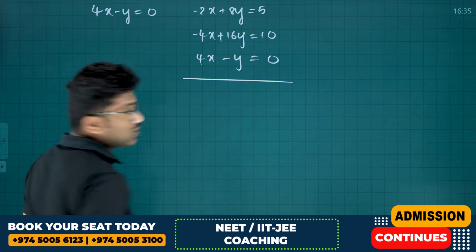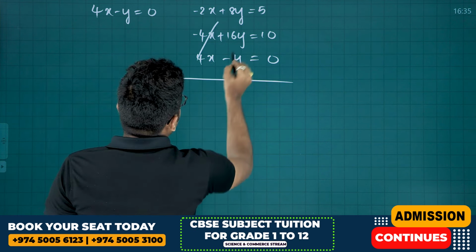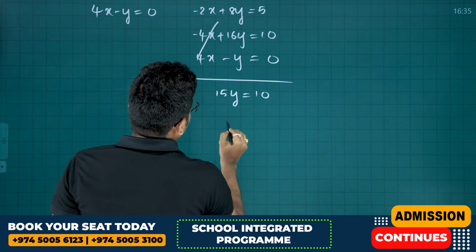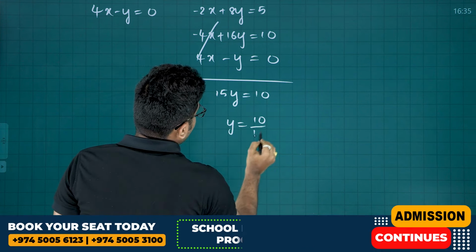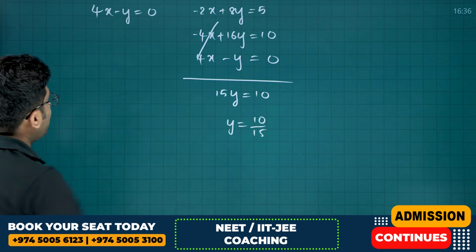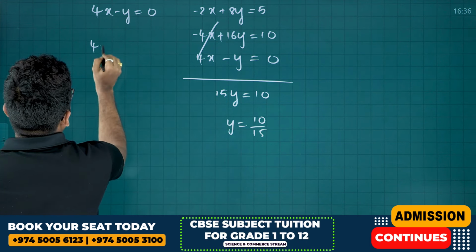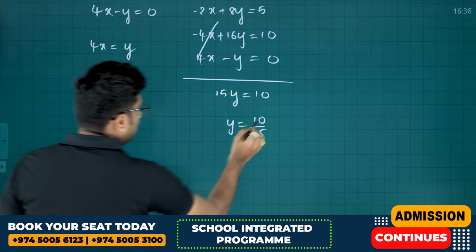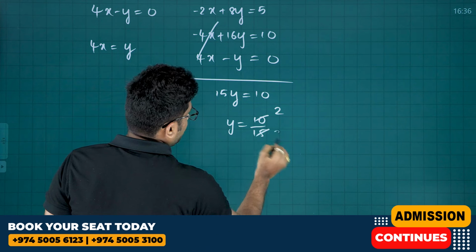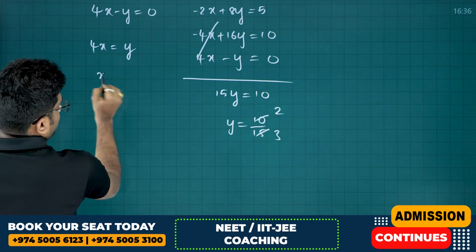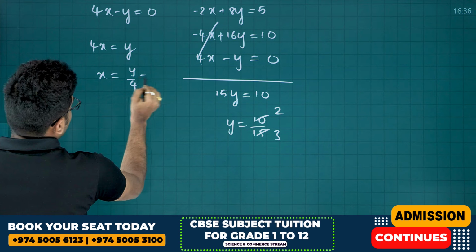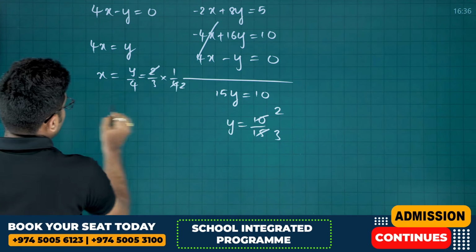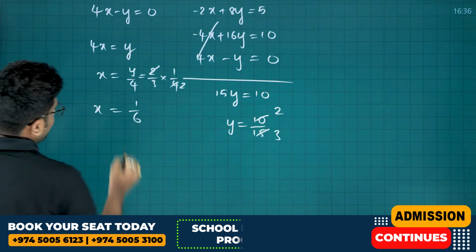Now if you add these two, 16y minus y which is 15y is equal to 10, y is equal to 10 by 15, that is 2 by 3. Now x is equal to y by 4, that is 2 by 3 into 1 by 4, x is equal to 1 by 6.